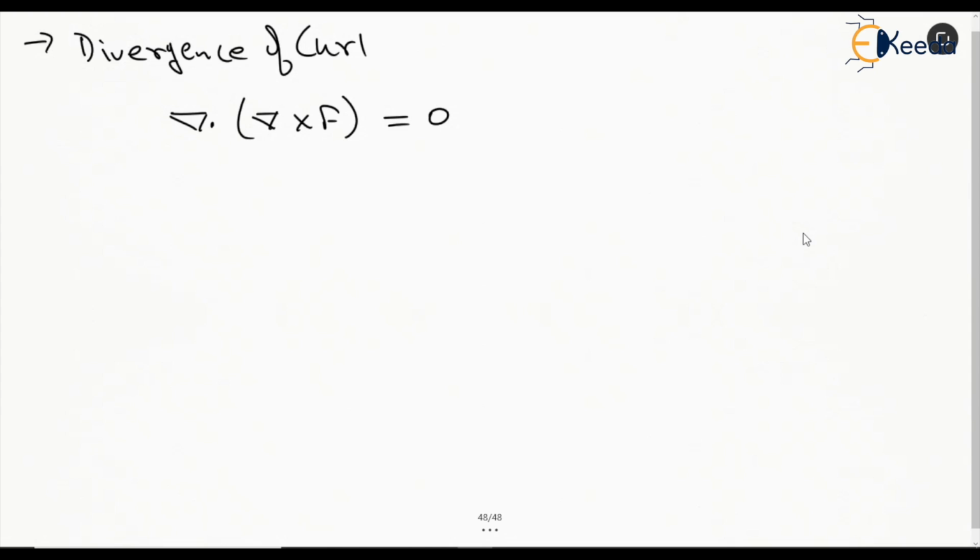Next is divergence of curl. Divergence of curl will always be 0.